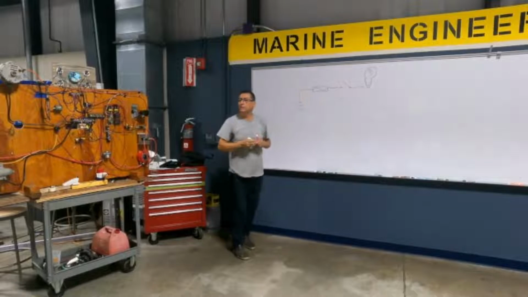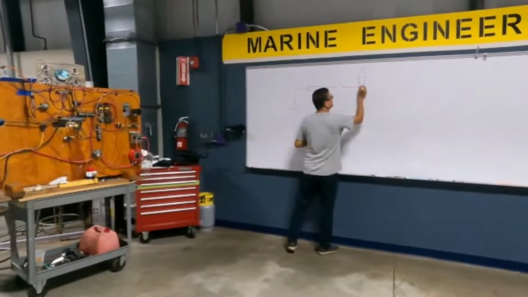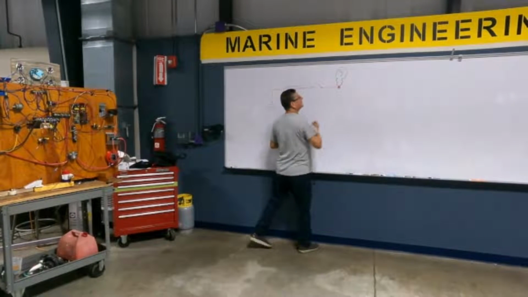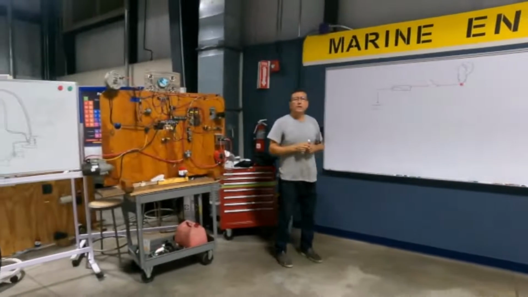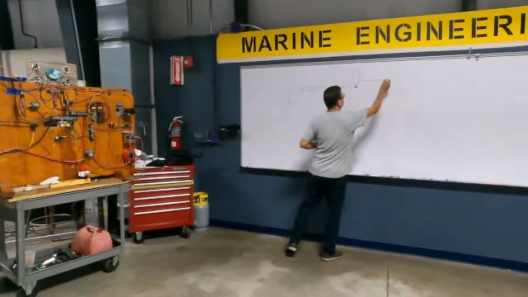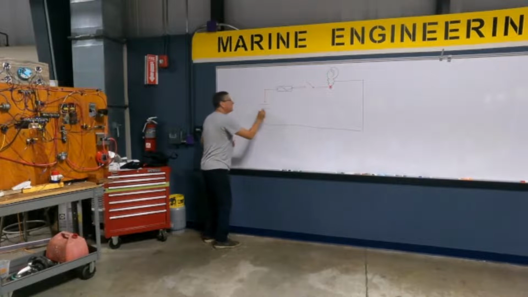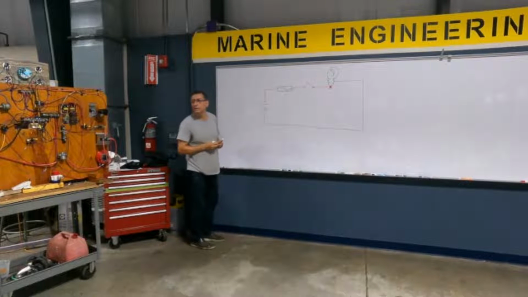This is the light. This is the light, guys. And we are going to return. Simple. That's the return. And the return, my friend, is returning to the negative side.